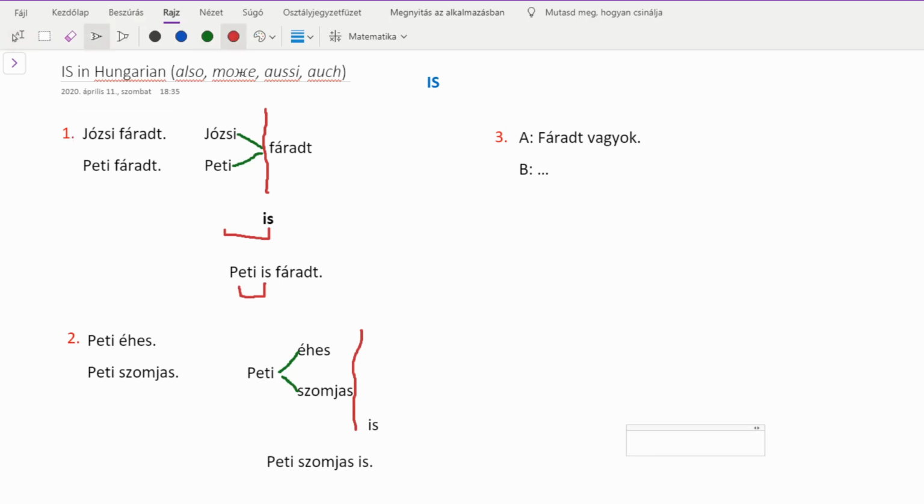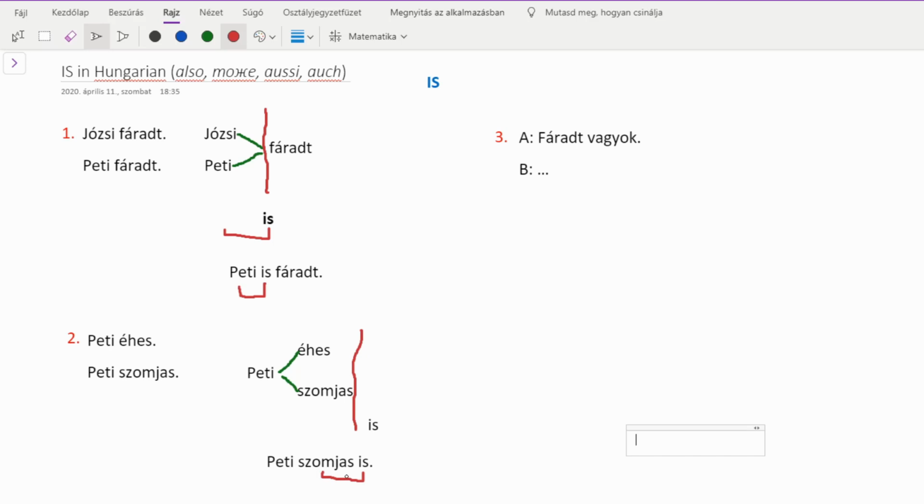And here again, if we link "is" and this adjective, a Hungarian person would easily understand that it is one person and two or more conditions apply to the same person.